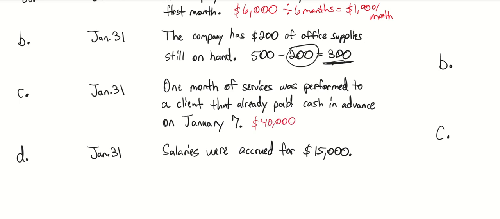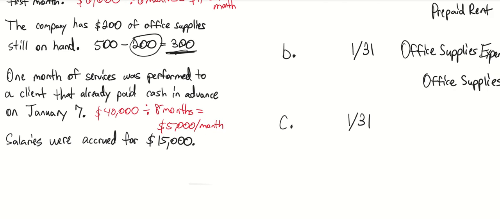That was the cash that was received in advance, and divide it by 8 months because it's for the next 8 months. And that's going to give us $5,000 a month. Okay, so this means that whenever a service is performed, $5,000 would need to be recorded in the books. Now, how? I'm going to show you.